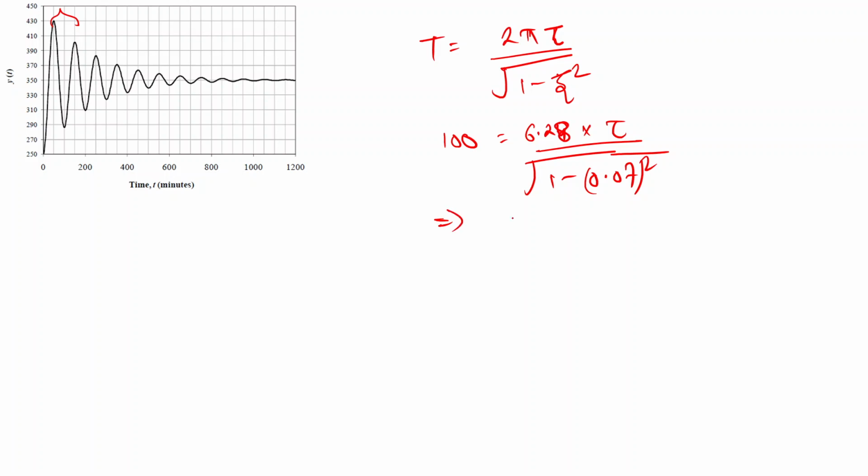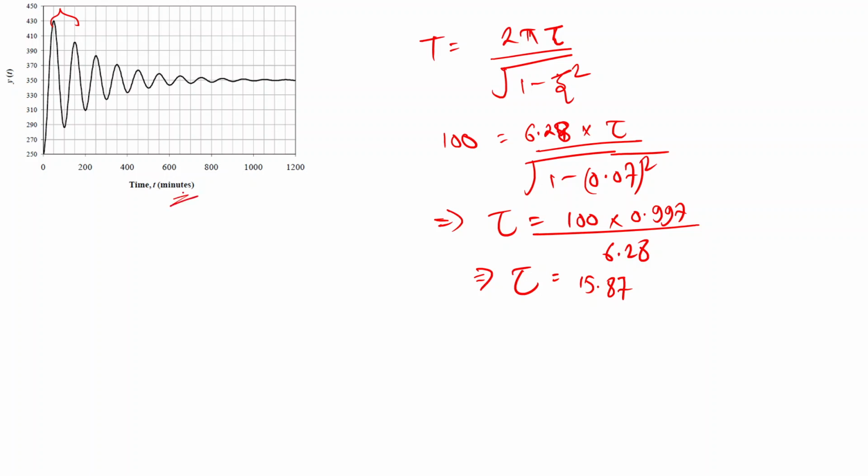So from here we can write this tau as 100 into, this will become 0.997 upon 6.28. So we can calculate the value of this tau as 15.87.